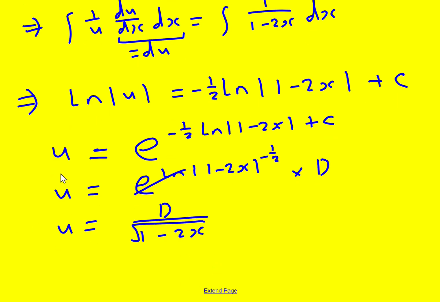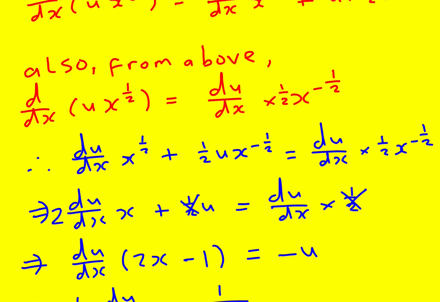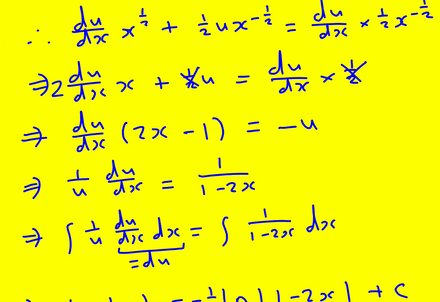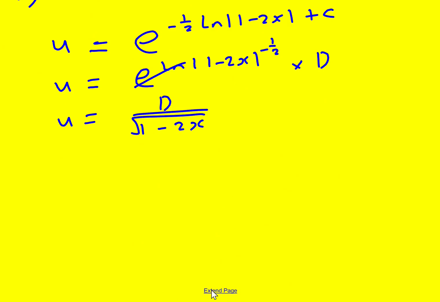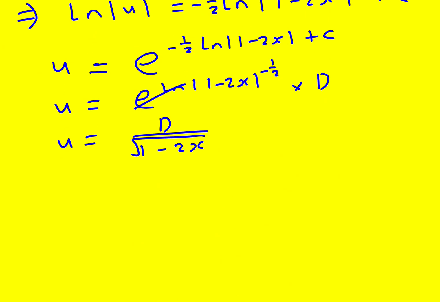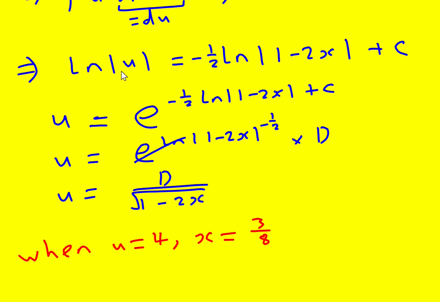Okay. Now finally, we've got when u is 4, x is 3 over 8. By the way, learn how to deal with this sort of thing. When you got logs and logs, yes, you can raise it to the power. I've basically raised everything to the power of e, which I'm allowed to do.